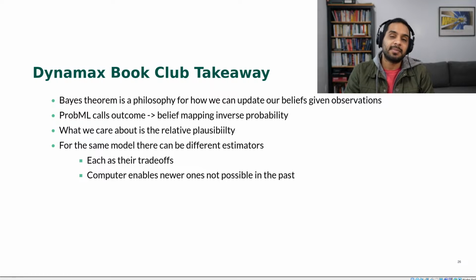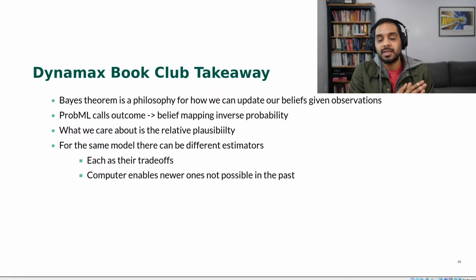But we also had MCMC, which is an estimator because it's not exactly precise, but it's a practical tool that computers afford us to estimate the posterior probability of these models. That's a fancy way of saying there's two ways of doing things. Each of them has their trade-offs, and computers enable us to do things that weren't possible in the past.